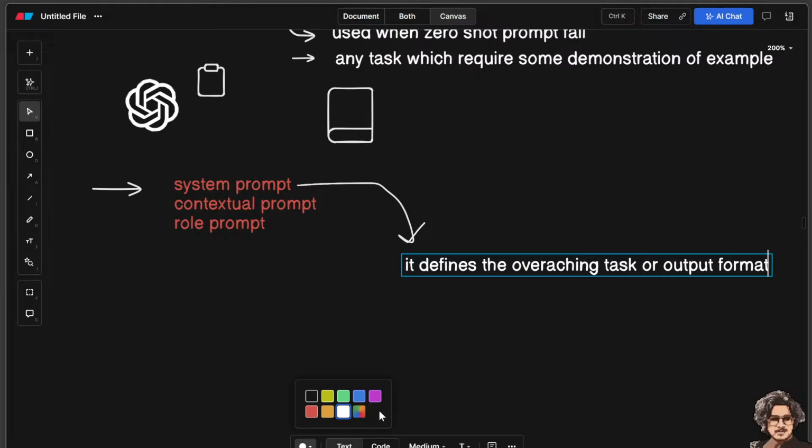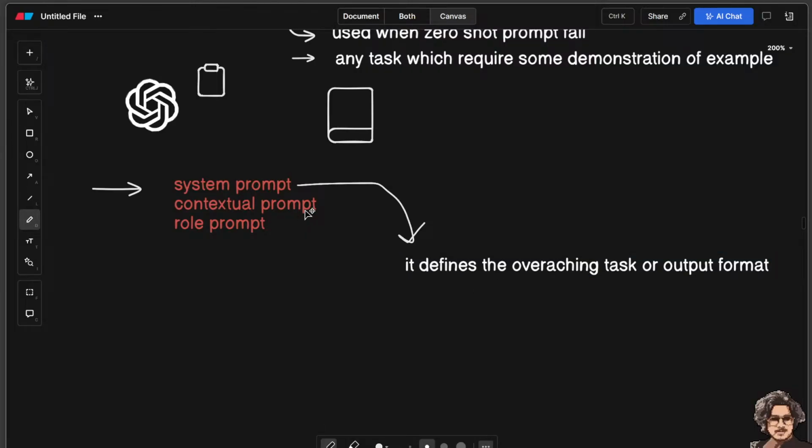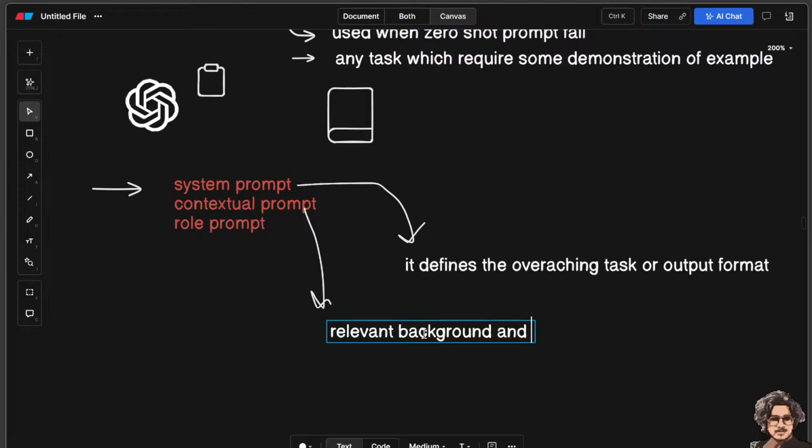So it defines the overarching task and the output format. And what is contextual prompting? Contextual prompting supplies relevant background and task-specific info. As the name suggests, in that case we have to provide some relevant background and the task information to guide our LLMs.